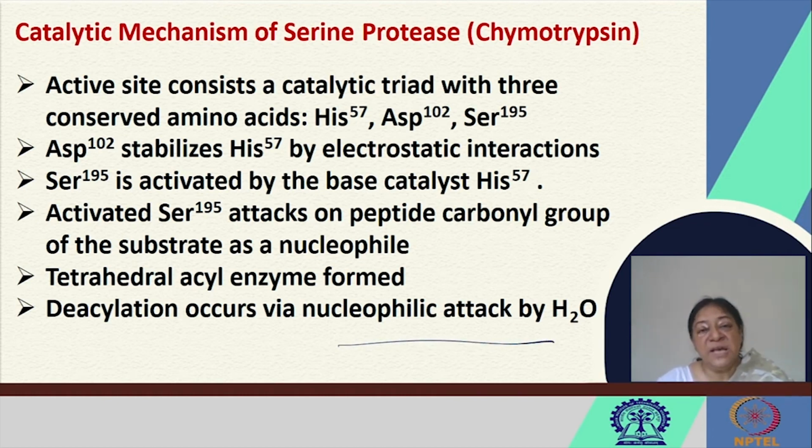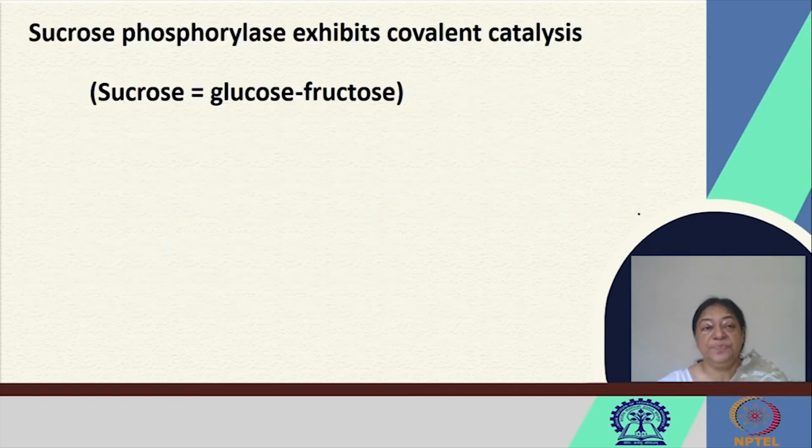So the active site in this example of a serine protease, chymotrypsin, the catalytic triad has histidine 57, aspartate 102, and serine 195, each with their own roles to play in this catalytic reaction.